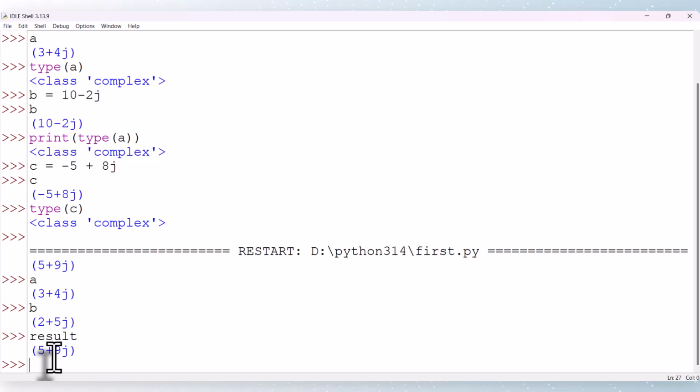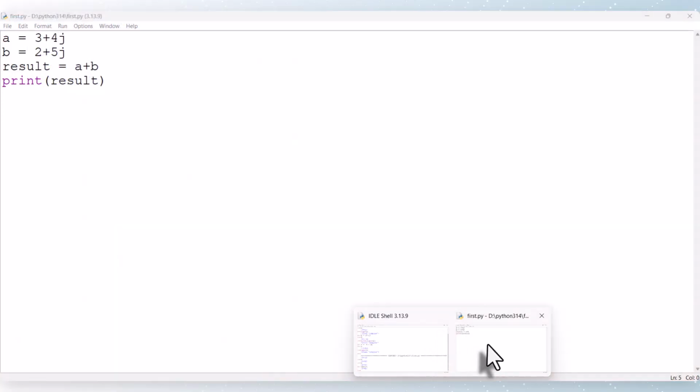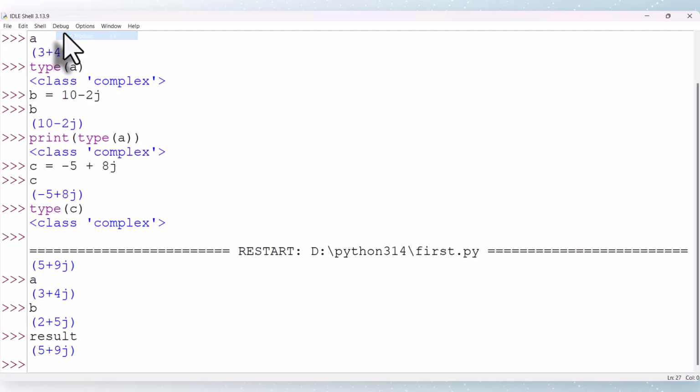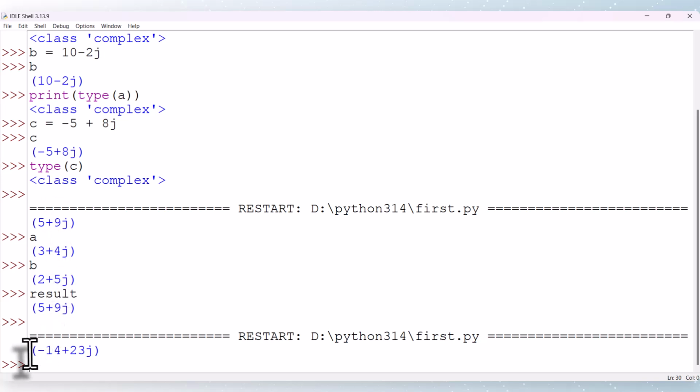Now you can perform multiplication also, but you will get a different kind of output than you might expect. So a star b. Let me execute this. You can see that the result is something different: 14 plus 23j.